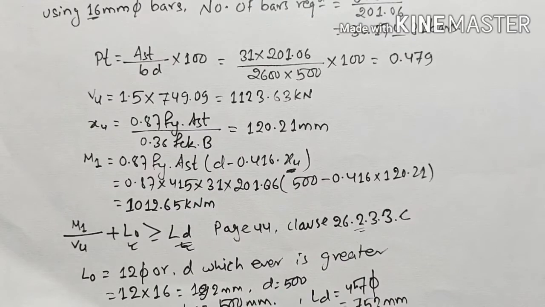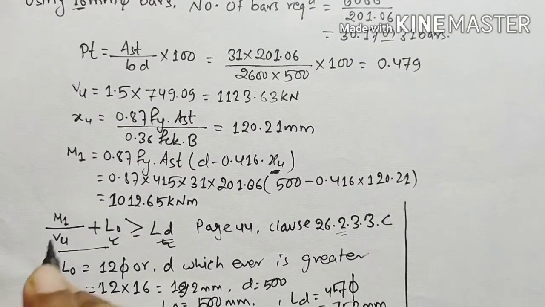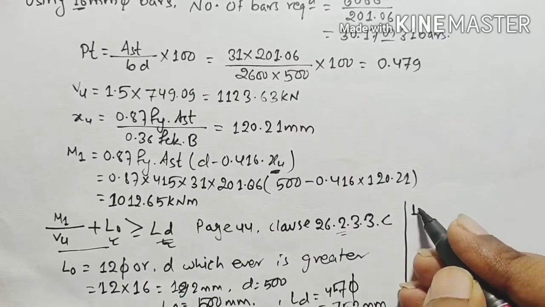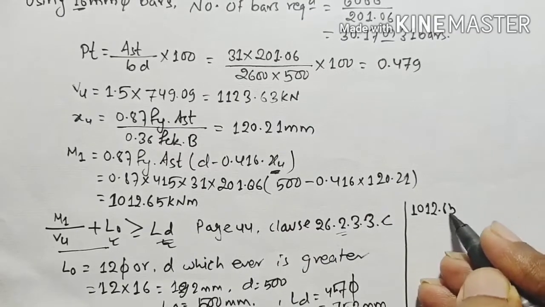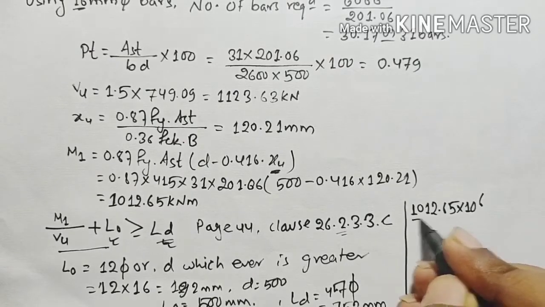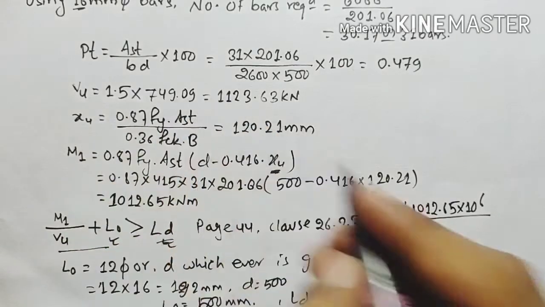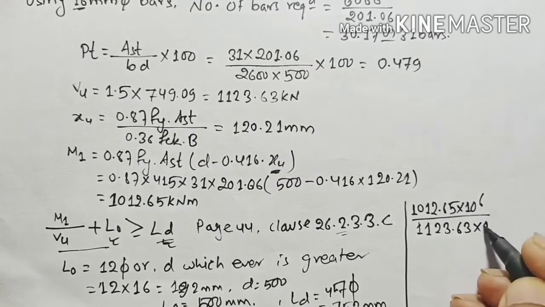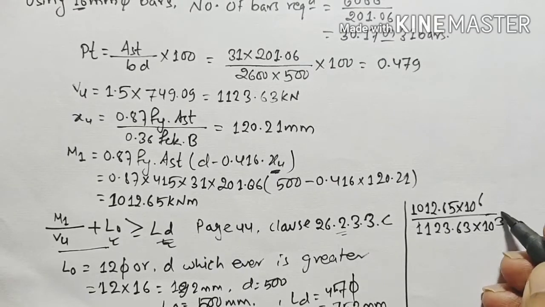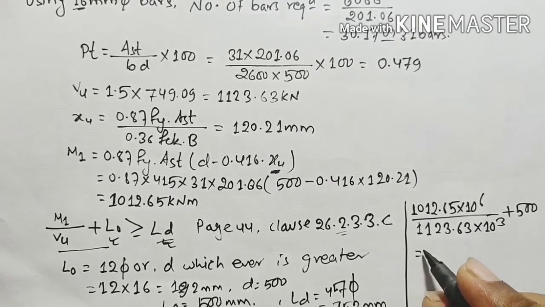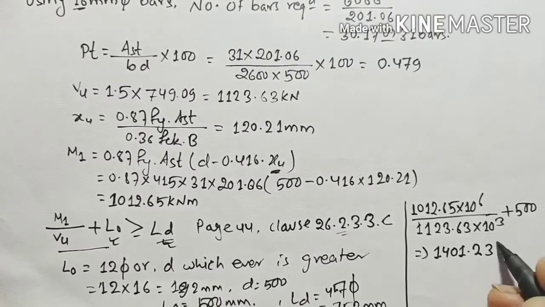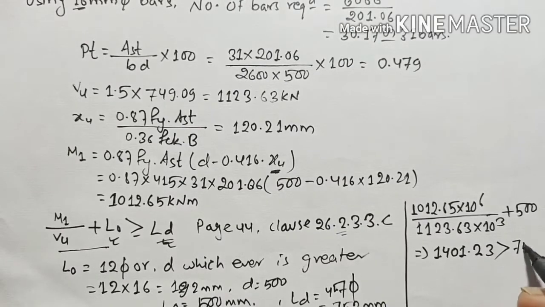Now let's put down the formula and check whether we have this value greater than LD or not. If we put the value of M1, which we have calculated here, that is 1012.65 into 10 to the power 6 by VU, and the VU value is 1123.63 into 10 to the power 3 plus 500, it will be equal to 1401.23, which is greater than 47 phi, that is 752.